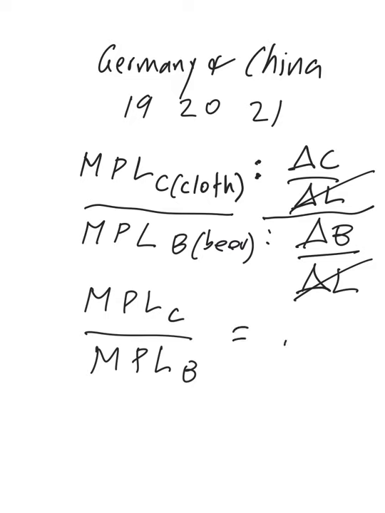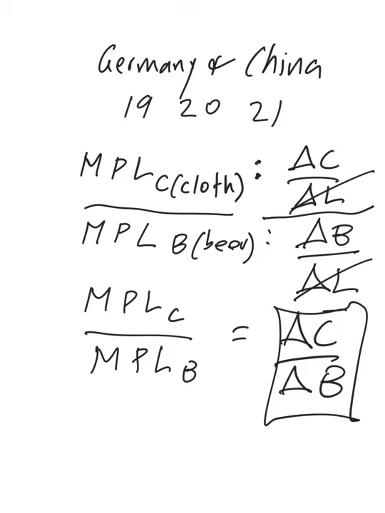So what you're left with is delta C over delta B. This means that finally we have the information we need to draw a production possibility frontier, because change in C divided by change in B is telling you about the slope of the production possibility frontier for each country.